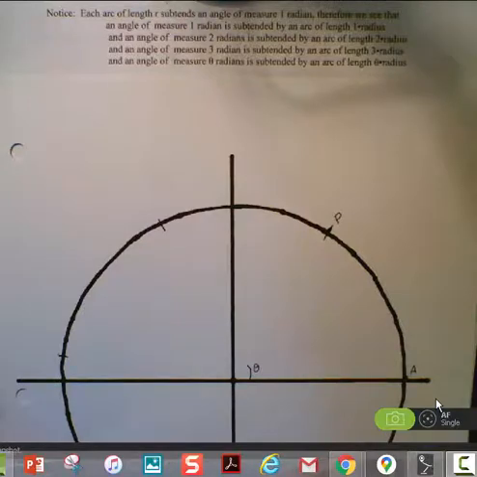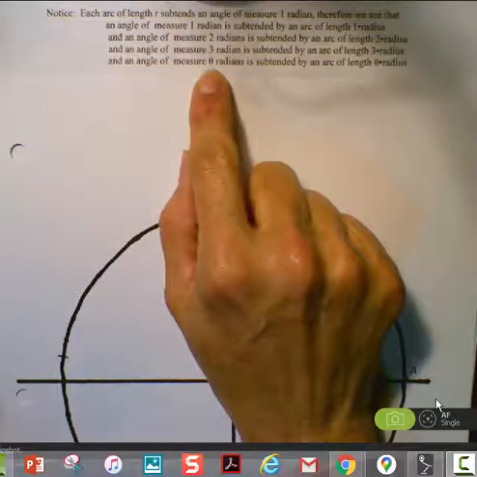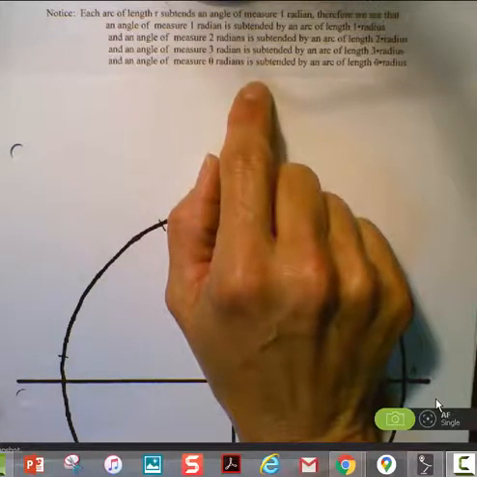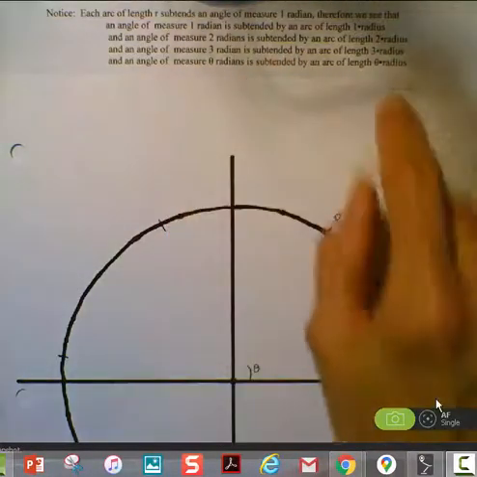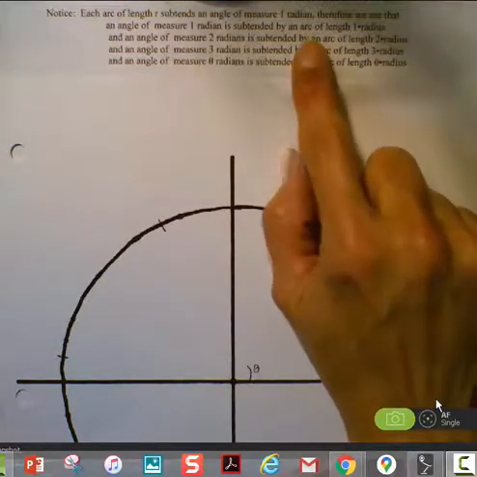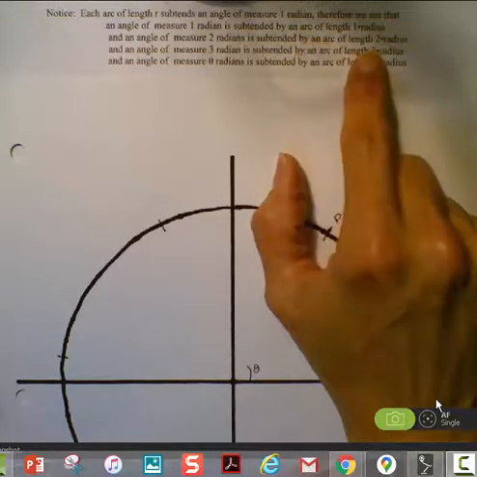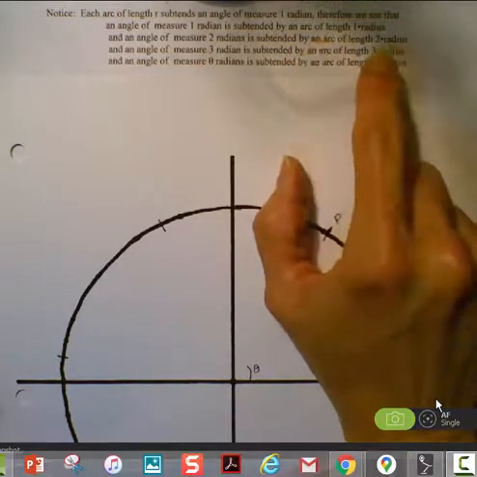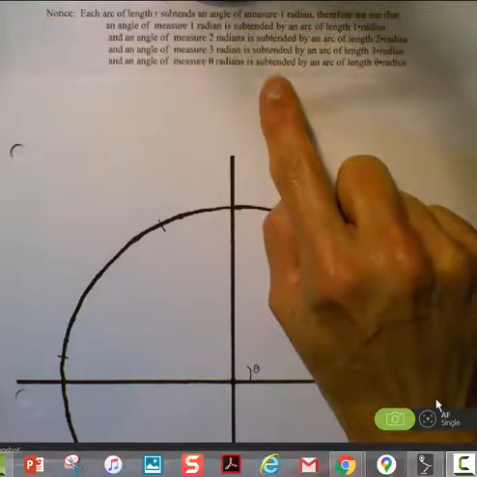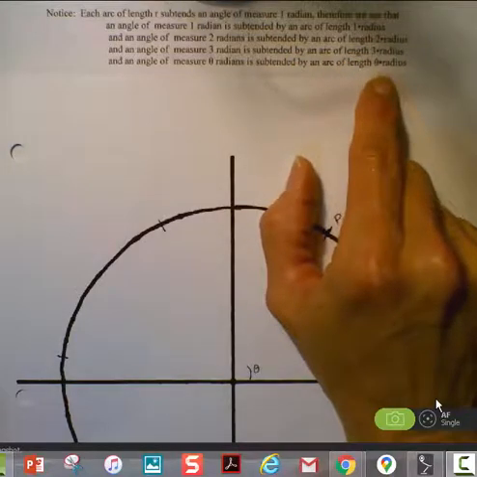So if we have any angle of measure theta radians, whatever theta is, it is subtended by an arc of length theta times the radius. 1 radian is subtended by an arc of length 1 radius. 2 radians is subtended by an arc of length 2 radii. So an angle of measure theta is subtended by an arc of length theta times the radius.